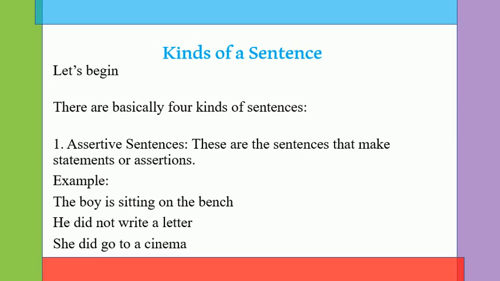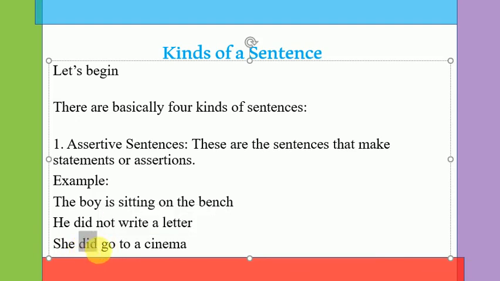The third example that I've put forward is she did go to a cinema. Now, it is an assertive sentence. It is giving information to somebody, and it is emphasizing that she went to the cinema by using the word did.